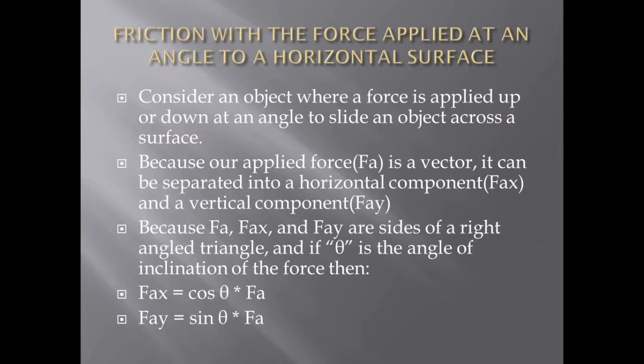Because Fa, Fax, and Fay are sides of a right-angled triangle, and if sigma is the angle of inclination of the force, then Fax is the cosine of the angle of inclination times Fa, and Fay equals the sine of the angle of inclination times Fa.